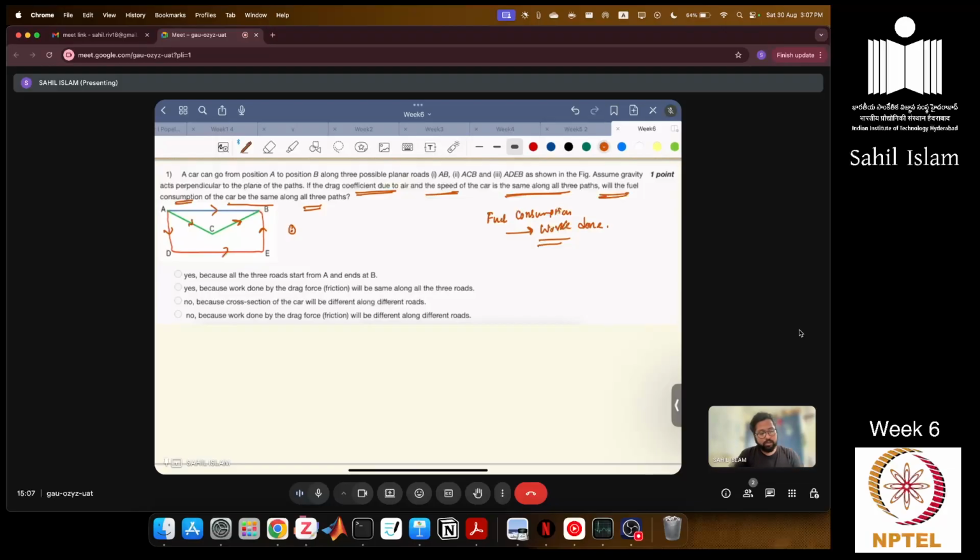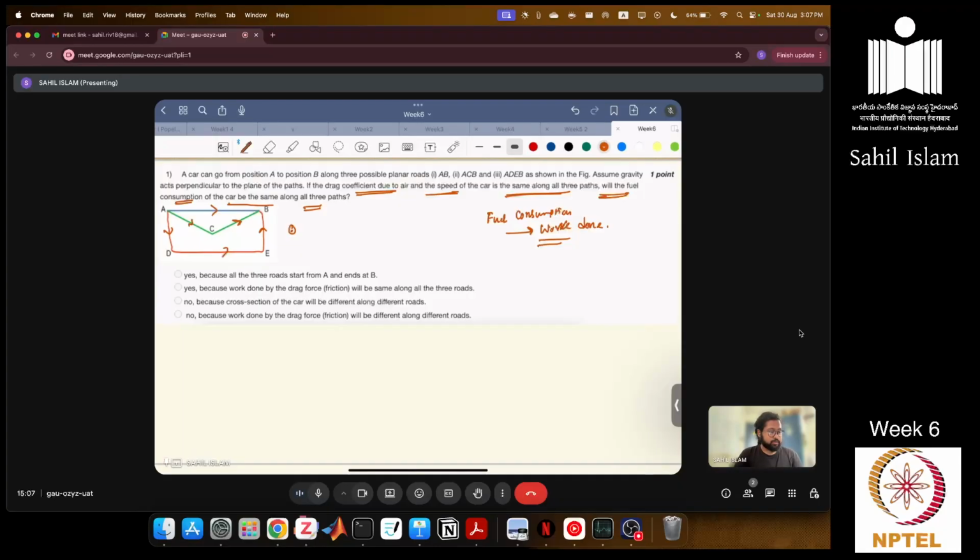Remember, gravity is acting perpendicular to all of the directions, because it is acting perpendicular downwards on the plane. So the first one, yes, the fuel consumption will be the same, yes, because all three roads start from A to point B.